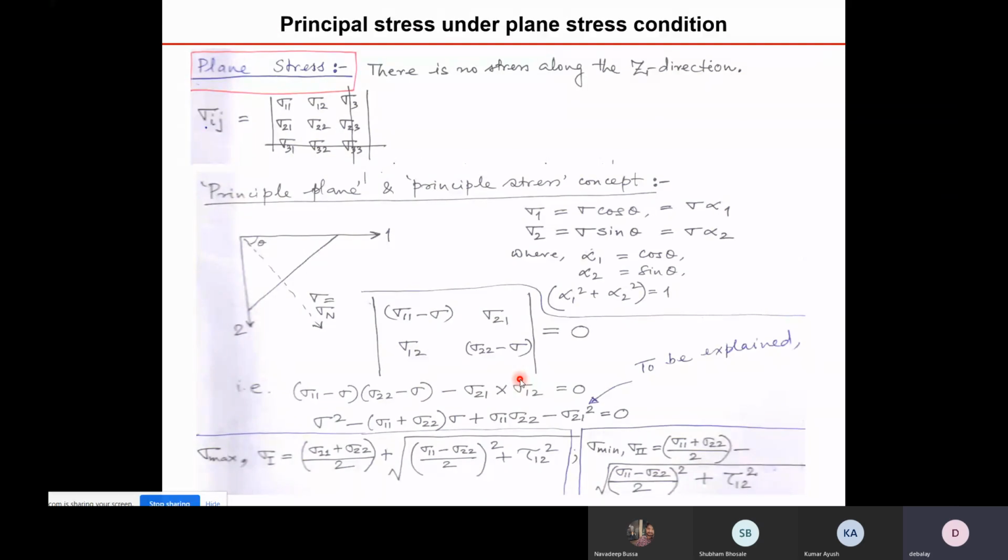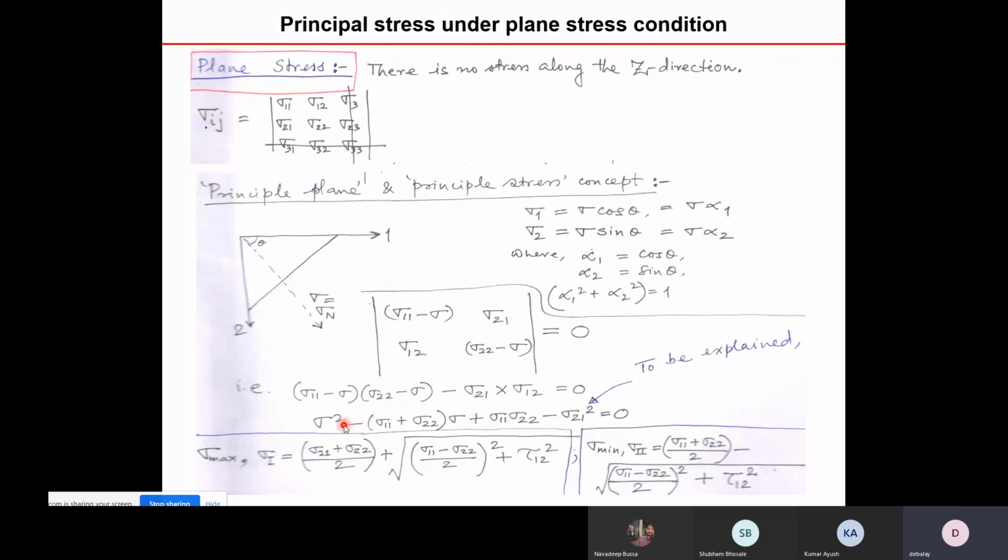After that, we considered a simpler case, plane stress, where no stress is acting along the third direction. There the determinant becomes sigma 1 1 minus sigma, sigma 1 2, sigma 2 1, sigma 2 2 minus sigma equal to 0.